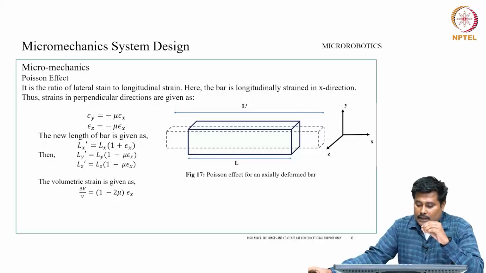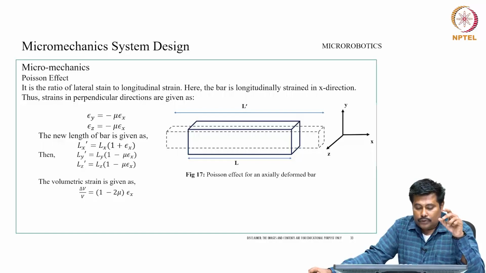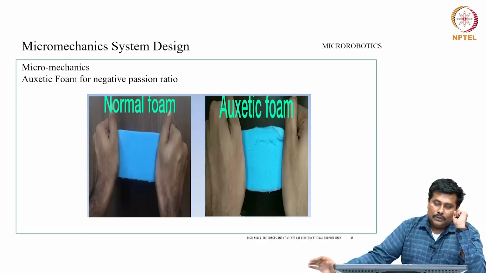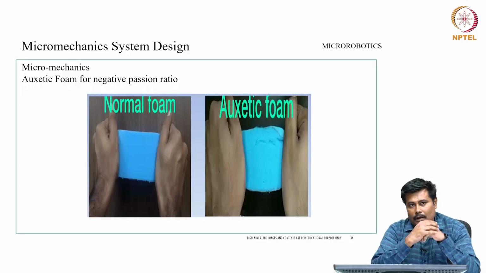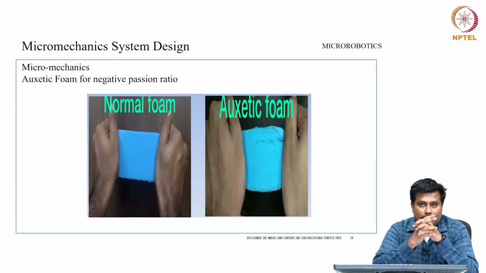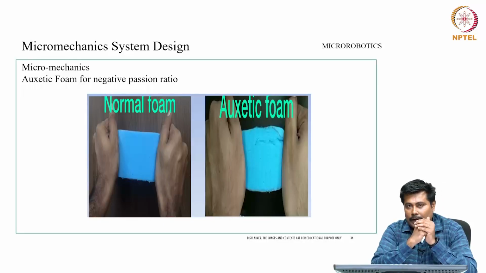Now, as far as this Poisson effect is concerned, I would like to introduce you to the auxetic structure. These auxetic structures are a kind of smart material which has a potential application towards microrobotic related domains.